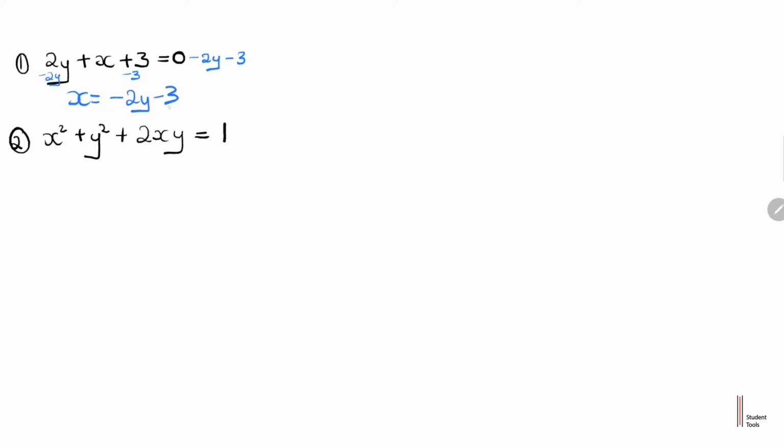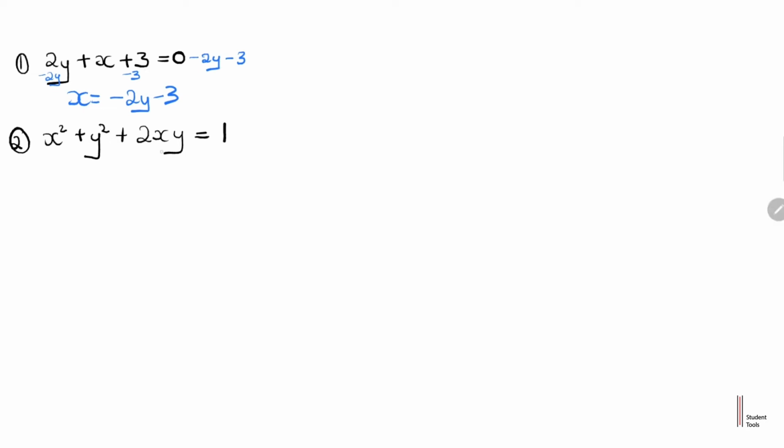So now we have x equal to a minus 2y minus 3. So now on the second equation, instead of using x, we will use minus 2y minus 3. That is the substituting part of this process of solving equations simultaneously.